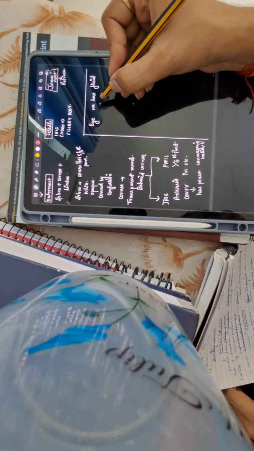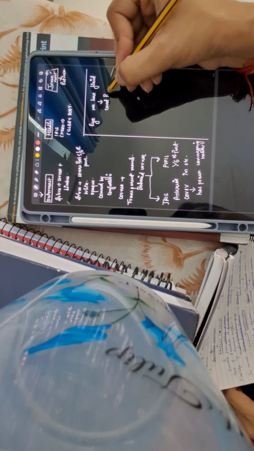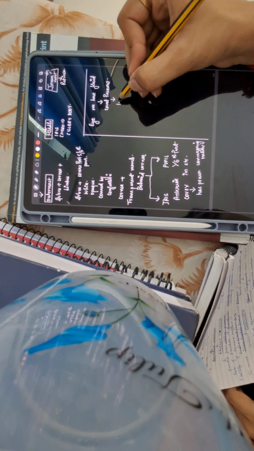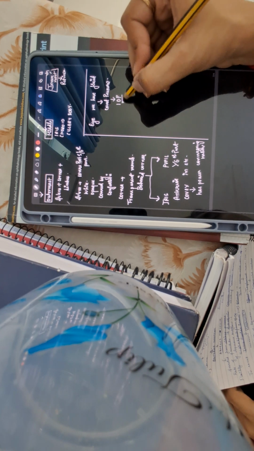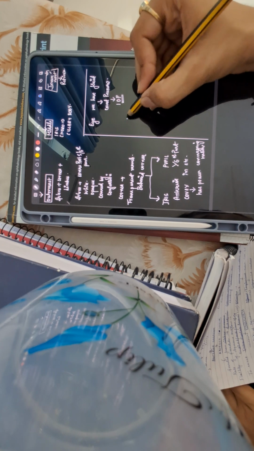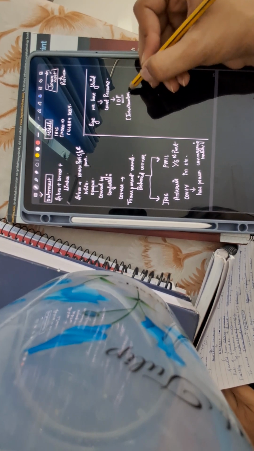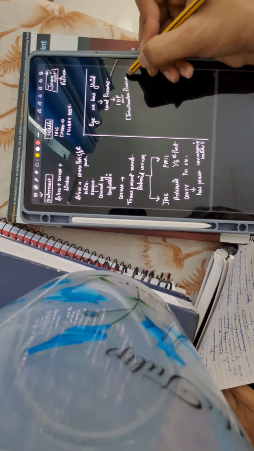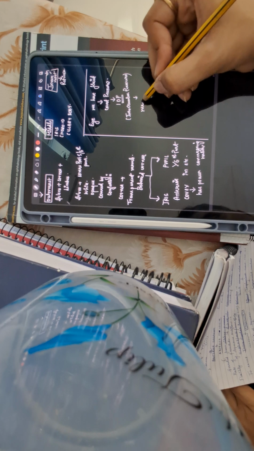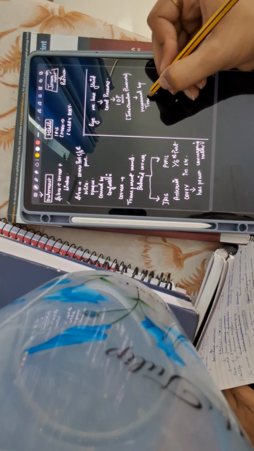This fluid exerts a pressure, and this pressure exerted by the fluid is known as the intraocular pressure, the IOP. This intraocular pressure is measured by tonometry.